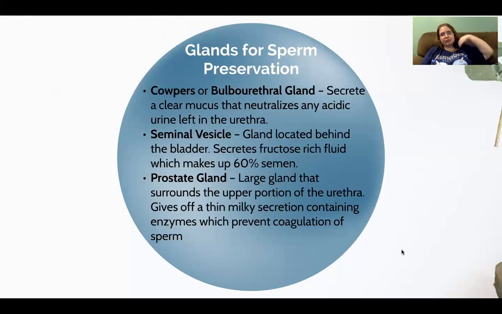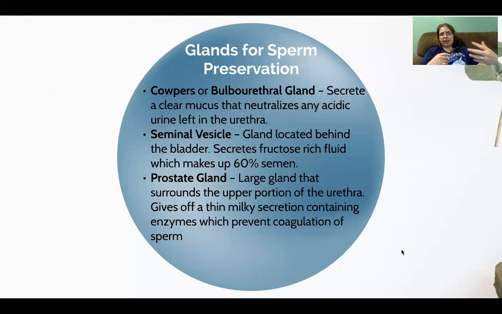And then we have the prostate gland. So it's a large gland that kind of surrounds the very top part of the urethra. And this gives a thin, milky secretion that has enzymes which prevent coagulation of the sperm, meaning it prevents the sperm from sticking together. Kind of like how blood cells can stick together, the sperm cells can as well.